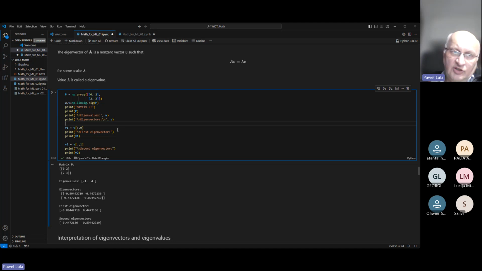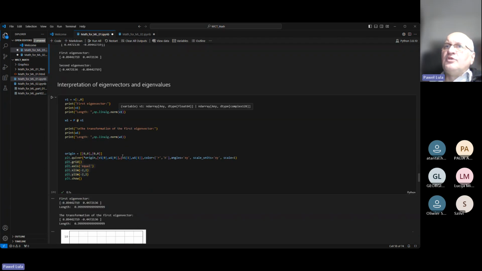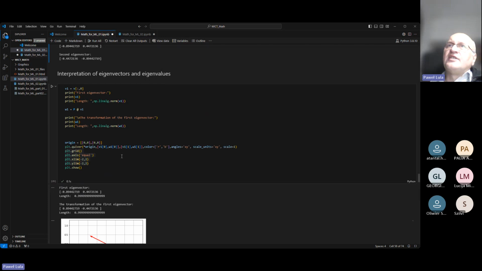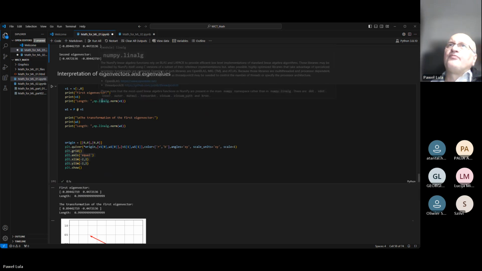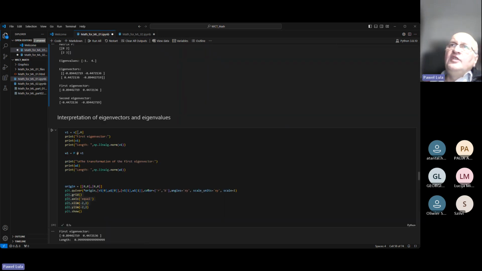So we know the definition. We know how to calculate them. But for us, I think it is very important how to interpret them. Please look at this program. In V, you remember, we have eigenvectors. In the first column, we have the first eigenvector.